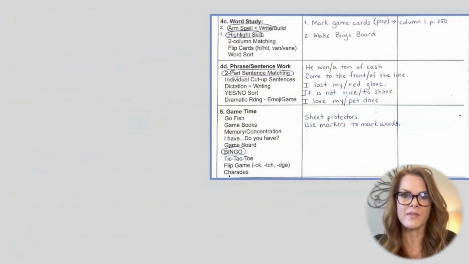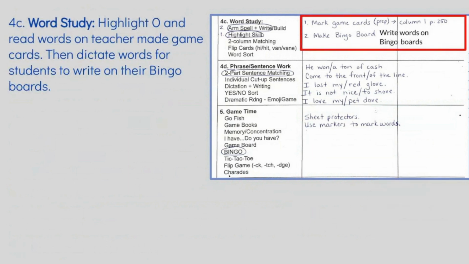The next part of the lesson is word study. This plan has 2 activities: highlight the skill, and arm spell and write. First, we will highlight the skill on game cards that have been prepped by taking the words from column 1 on page 250 and writing them onto a blank bingo board.